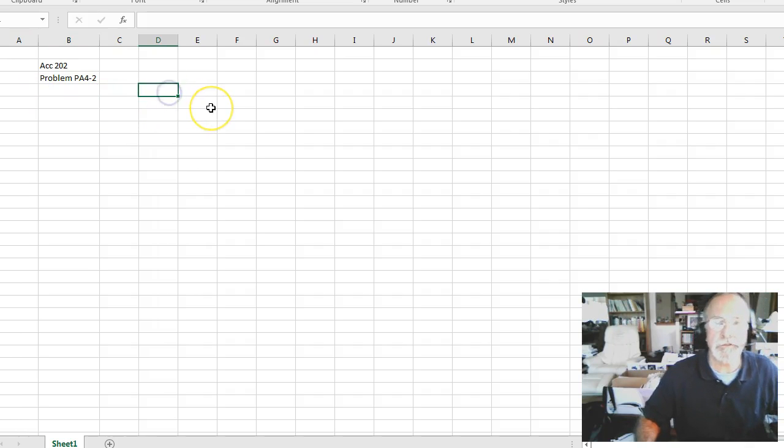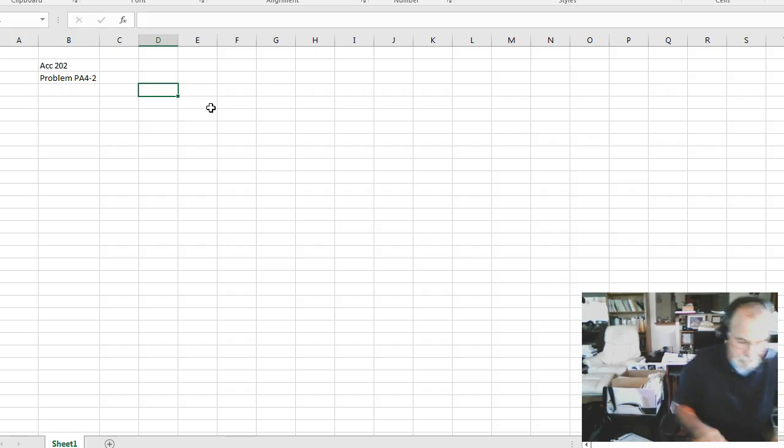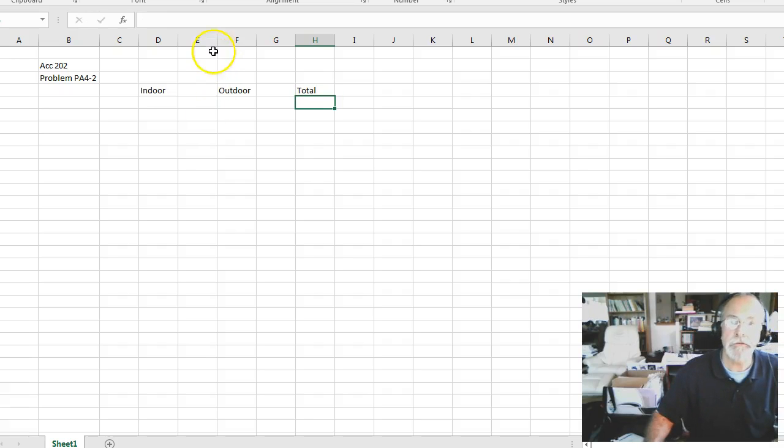So let's try and set this up in some way that might work. So we have the indoor, the outdoor, and it probably is a good idea to have a total column.